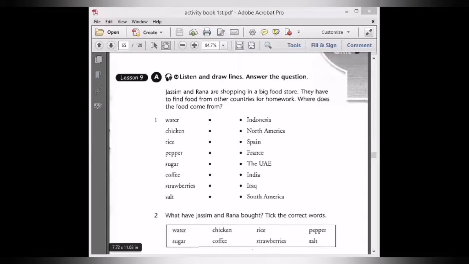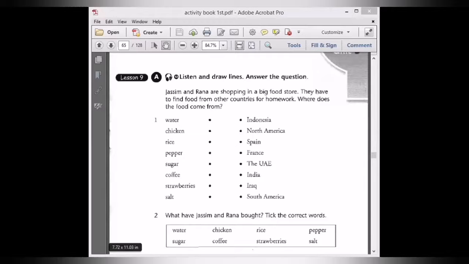Can you hear Track 32 now? Jasim and Rana are shopping. Can you hear it now? Okay, now listen carefully. In a big food store. They have to find food from other countries for homework. Where does the food come from?